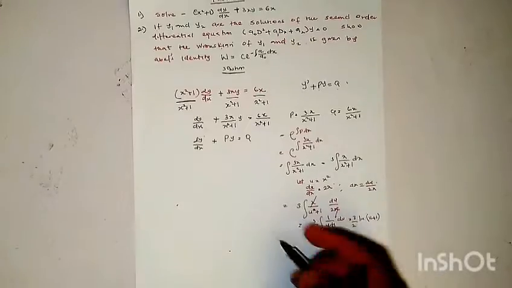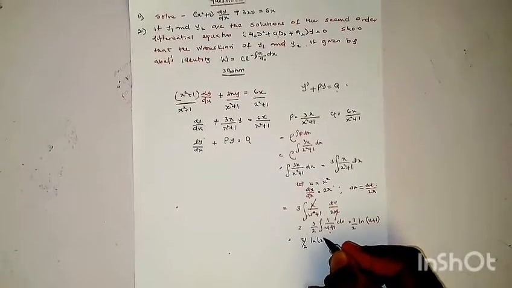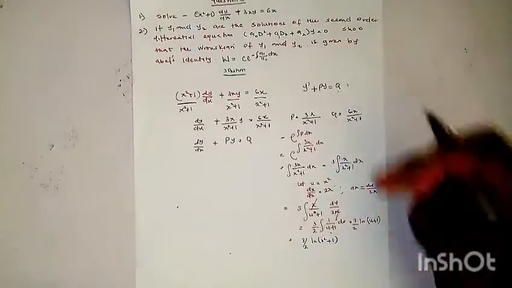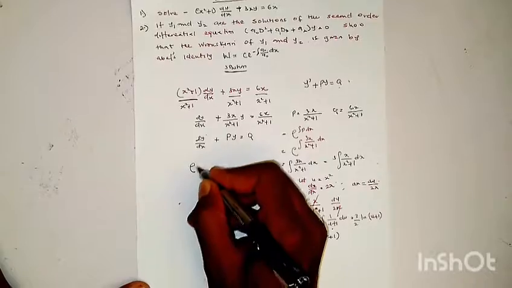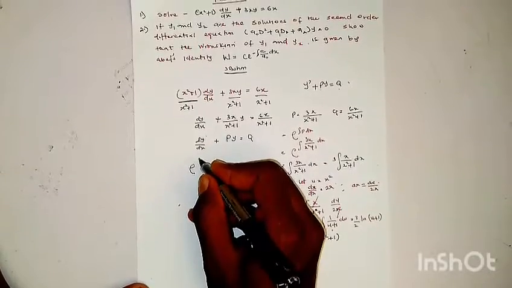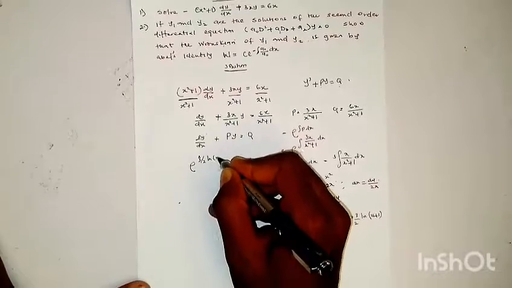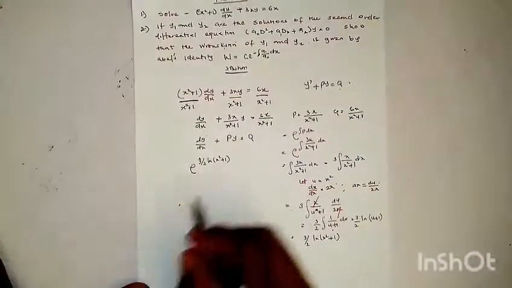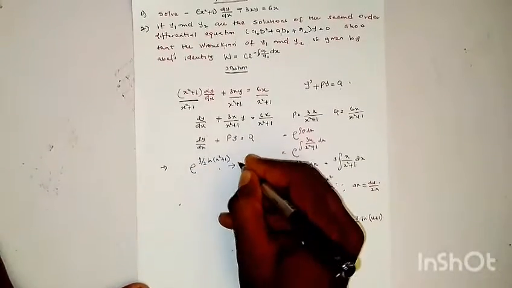So writing it based on my function of x, it gives me 3 over 2 ln x squared plus 1. So taking it back to my integrating factor, this gives me exponential 3 over 2 ln x squared plus 1, right? So this basically is now my integrating factor.